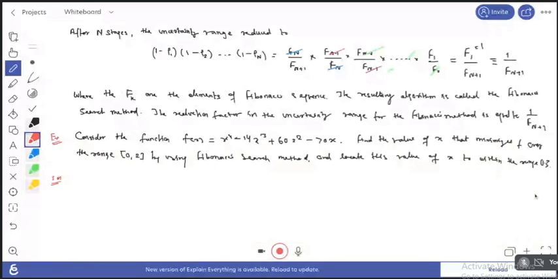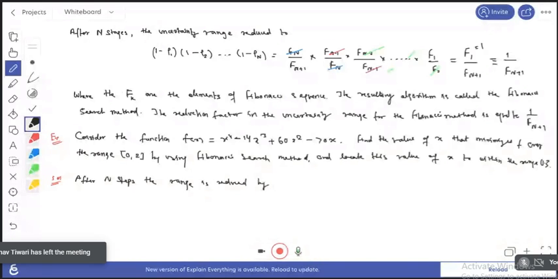Okay, so after n stages, you know that your uncertainty range is reduced by a factor of 1 upon F(n+1). So after n steps, the range is reduced by a factor of 1 over F(n+1).